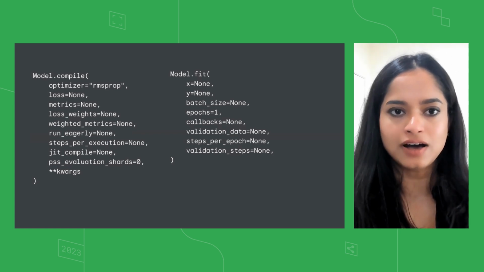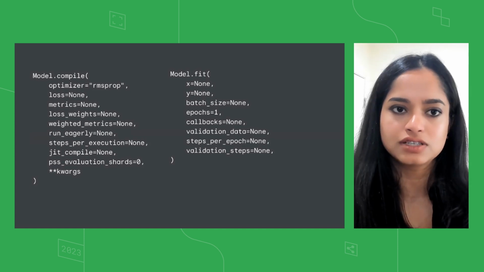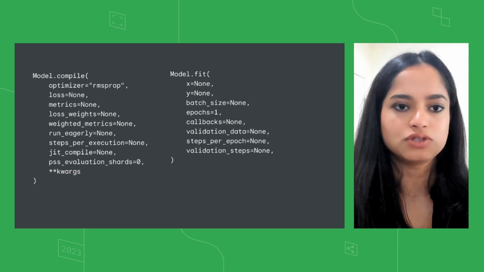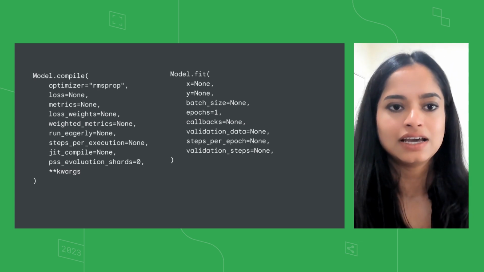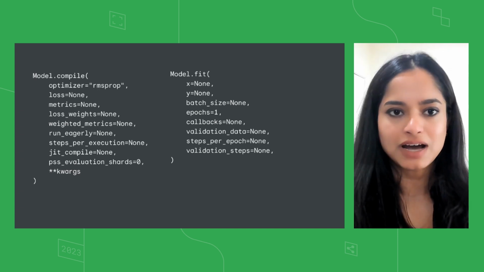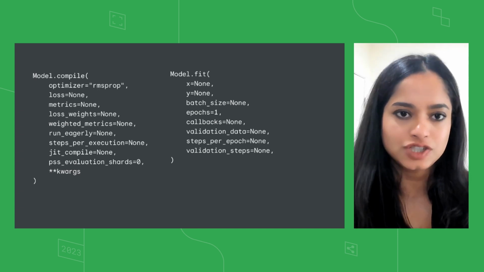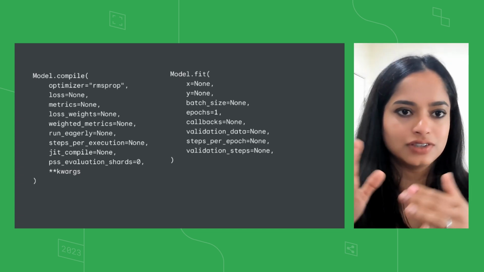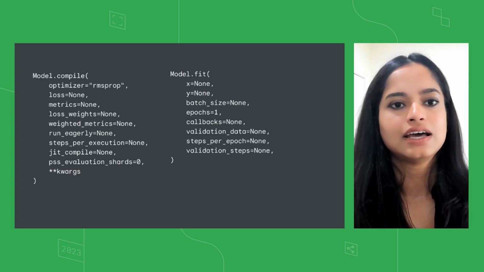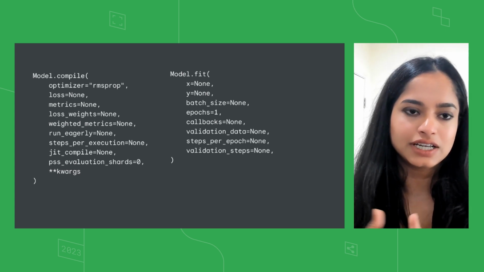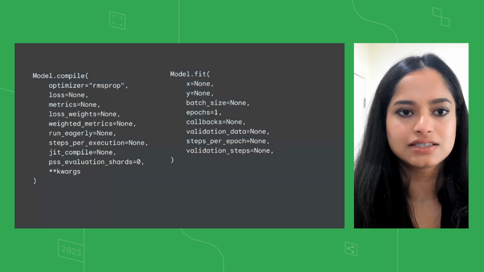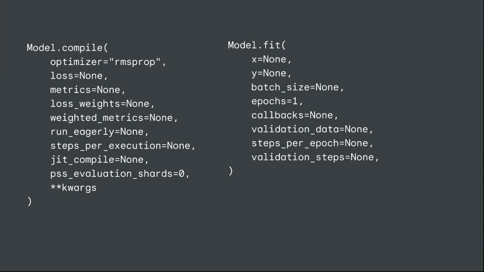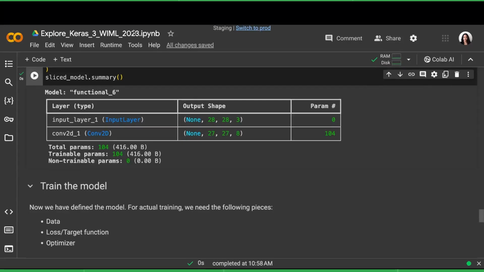So it takes a number of arguments which can be used to control the training process, like the input data, the target data, epochs, that is the number of times you want to go over your data set for training, the batch size, that is the size of the batches to use during training, validation data, a tuple of x validation, or the input data, and the labels for it, to be used for validation during training, and the callbacks, that is a list of callbacks to be used during training. So let's go back to the Colab and see how to train our model.